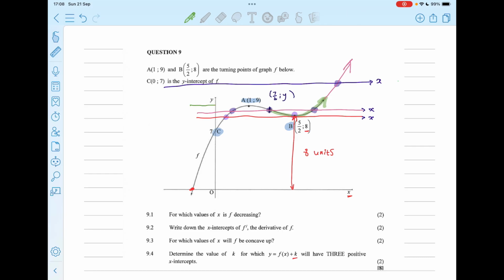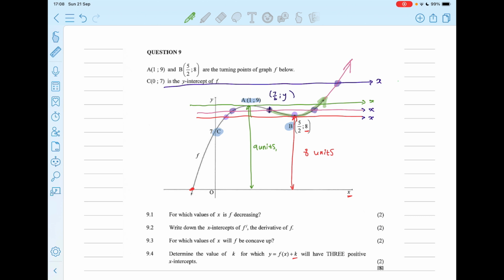So we can draw another line here like that, representing us having shifted down by that many units. And to get that distance from our current x-axis to point A, this is a distance of 9 units.